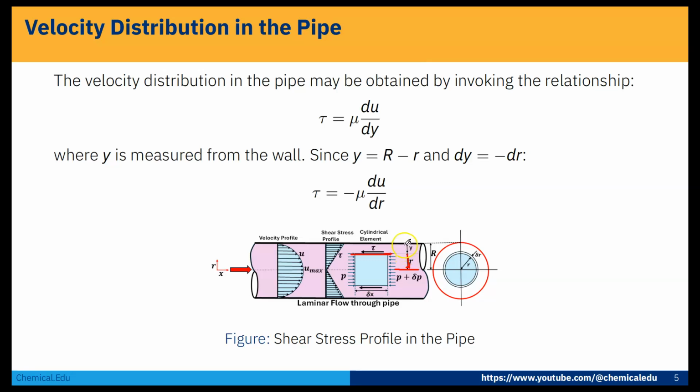From that surface to the wall surface, the distance is y. So we can write y equal to capital R minus r. Now dy is nothing but minus dr, so tau will be minus mu du by dr. That is very important. Now we have the relation: tau is equal to minus mu du by dr.